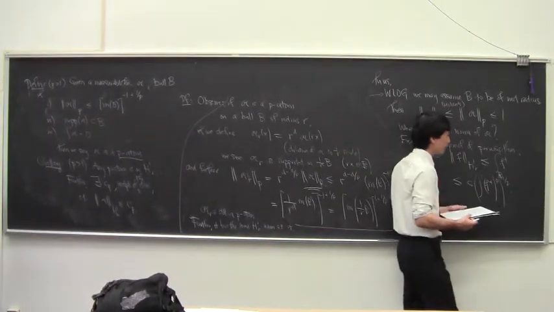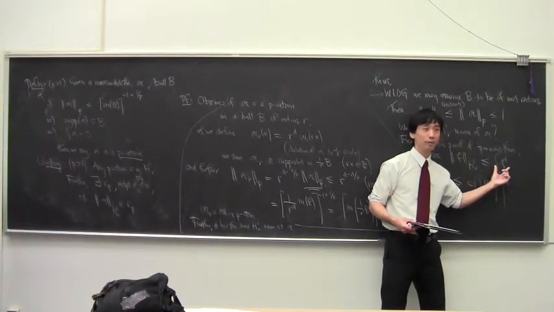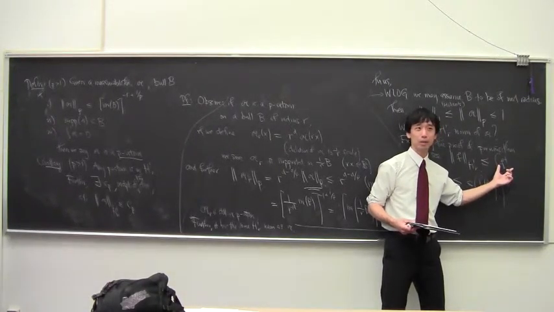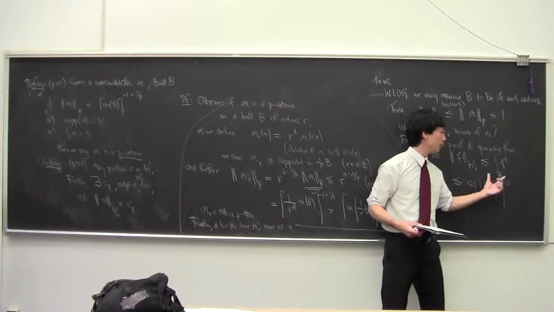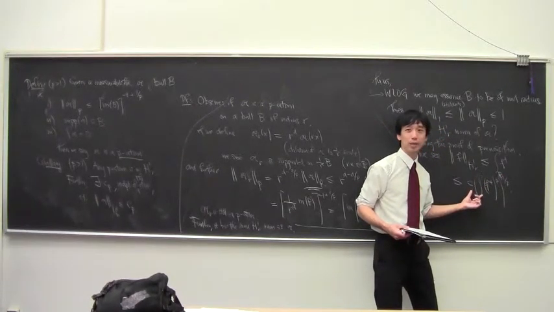The reason was, you recall, that this thing was supported on the ball of three times the unit radius, and so you could use Cauchy-Schwarz again to get this bound.